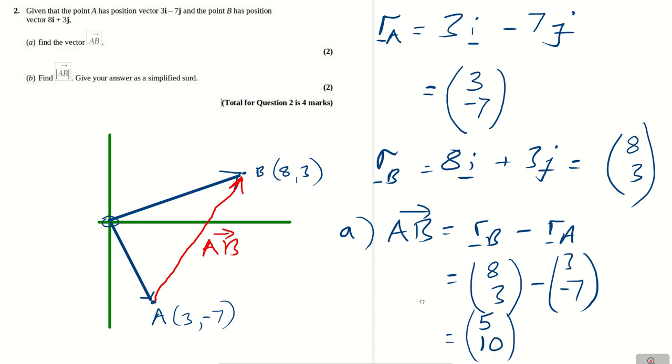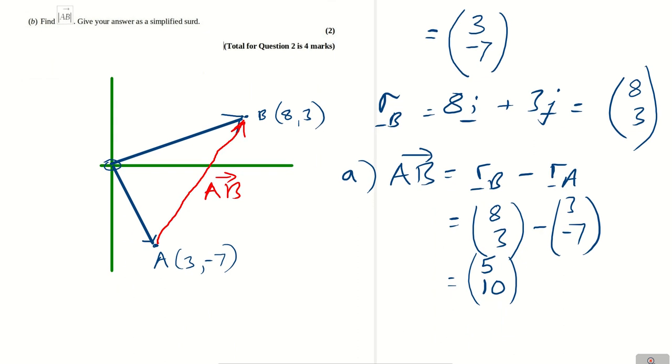You could leave it like that, or if you want to write it in the way they've written the question, then it's going to be 5i plus 10j, and that's the vector AB, which is the vector that goes from A to B. And remember, you get it by just subtracting the position vector for A from the position vector for B.